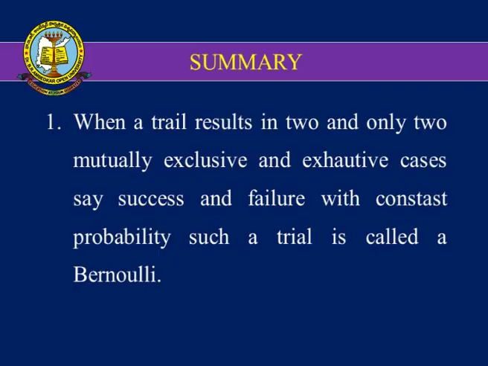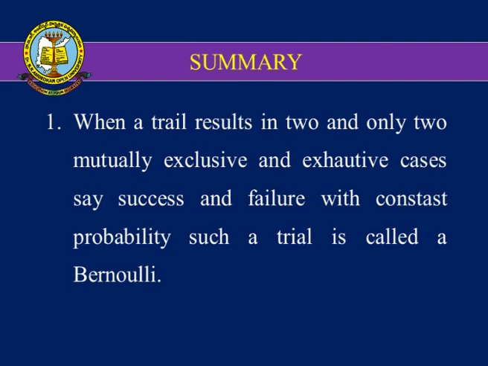Now I am going to conclude with the summary points of these distributions. Just recall the things we have already discussed. I will briefly go over two distributions: first the Bernoulli distribution and second the binomial distribution.